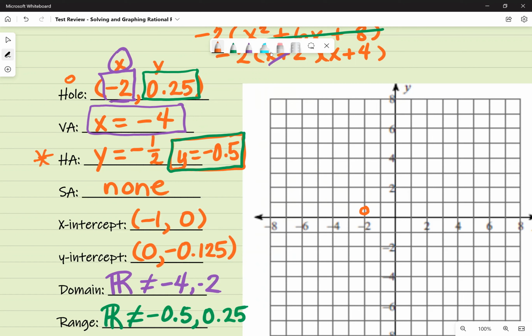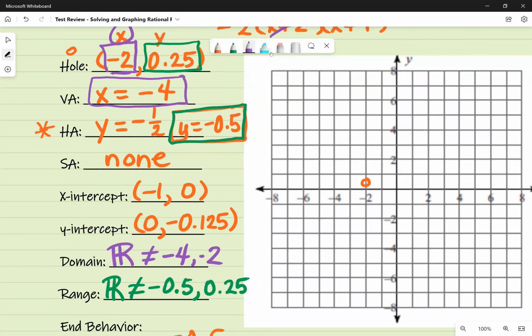My vertical asymptote is going to be where x is -4, and this is not going to be a pretty graph. I'm trying to freehand it, so bear with me. So where x is -4, vertical means up and down. So I have a vertical asymptote. Now horizontally means left and right, and it's saying where y is -0.5.